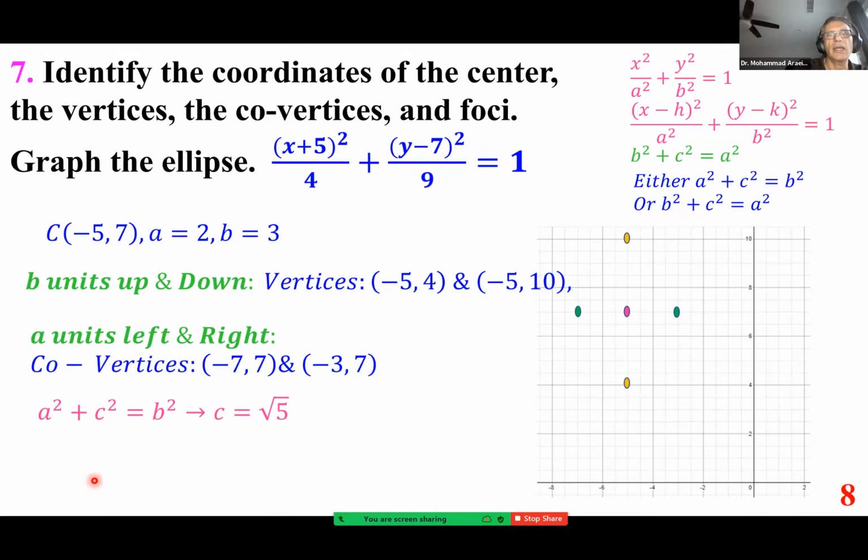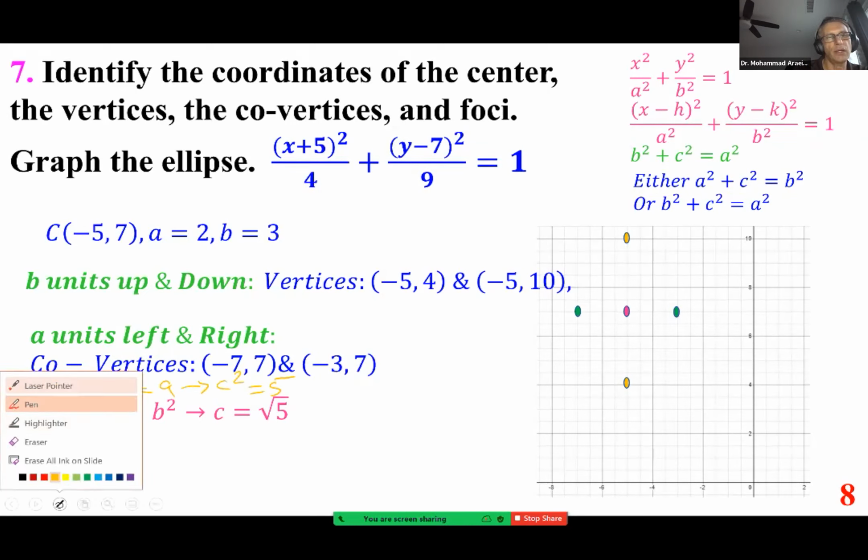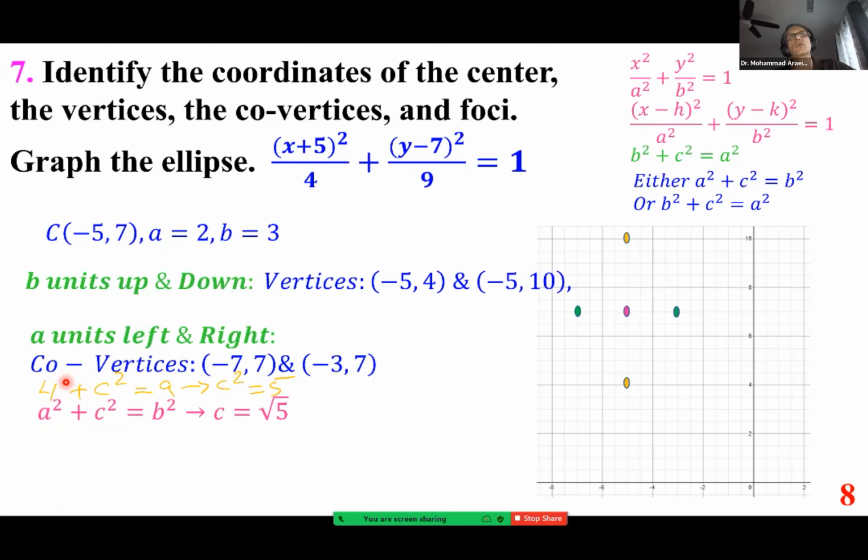A squared is 4, B squared is 9. C squared becomes 5, and C is the square root of 5.